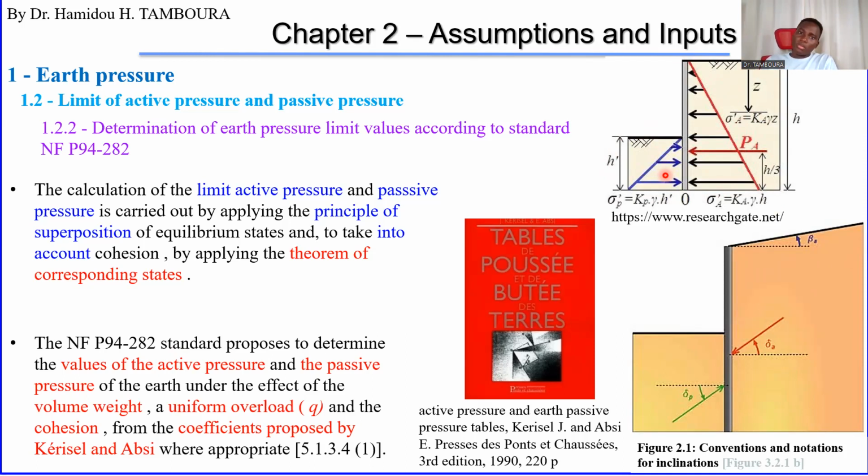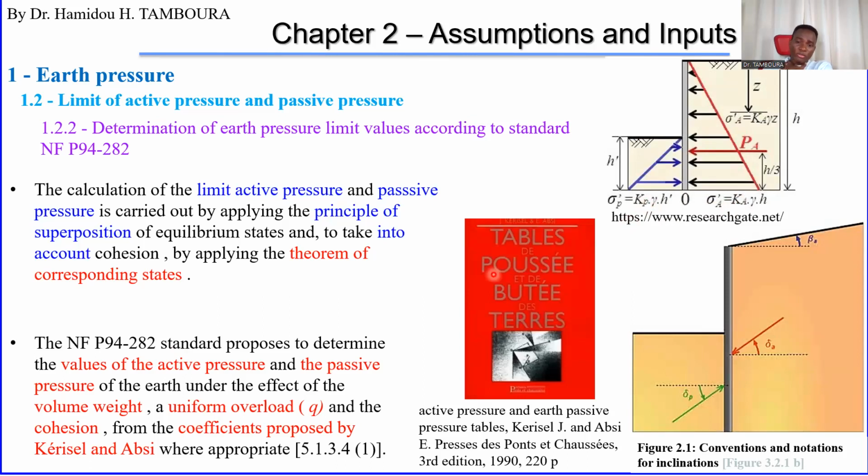So in this condition, you cannot use the K0. You have to use Ka, meaning active, in case of active, or Kp in case of passive. So this book is giving you the values of this Ka and Kp.